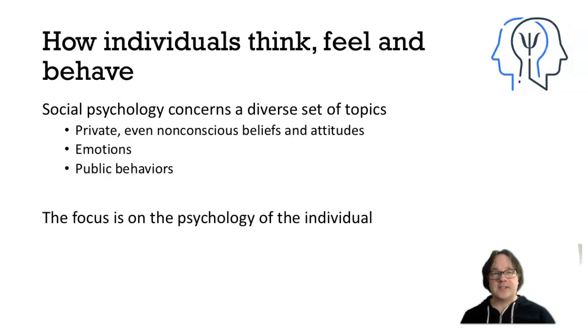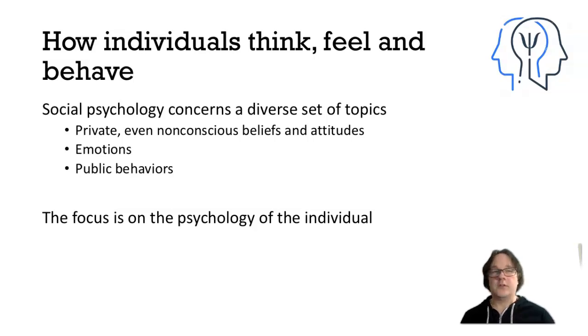Okay, so this next component of the definition, how individuals think, feel, and behave. Social psychology concerns a diverse set of topics, as we'll see. Some of these topics include private and even unconscious beliefs and attitudes. When we get to chapters 5 and 6, I believe, on discrimination and our chapter on attitudes in general, we'll see that some of our attitudes, some of our biases are not necessarily known to us.